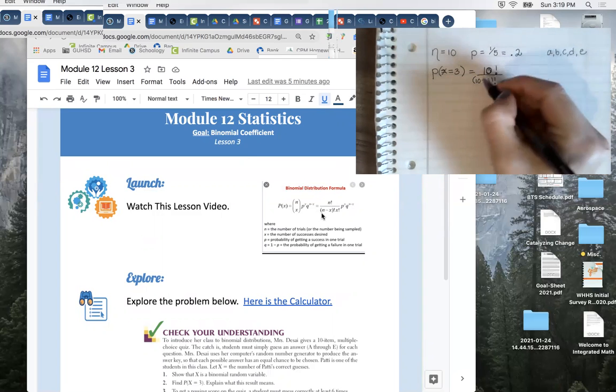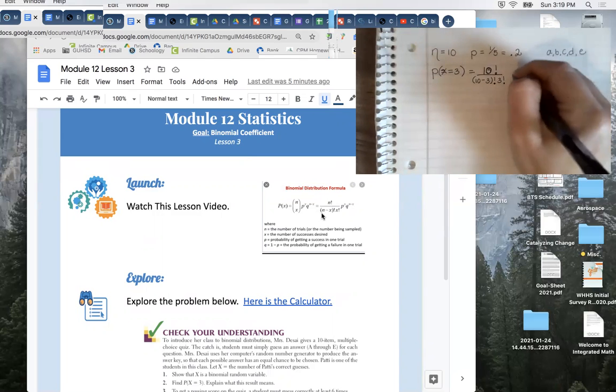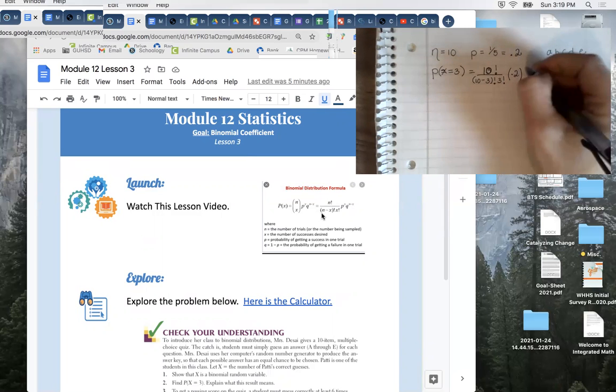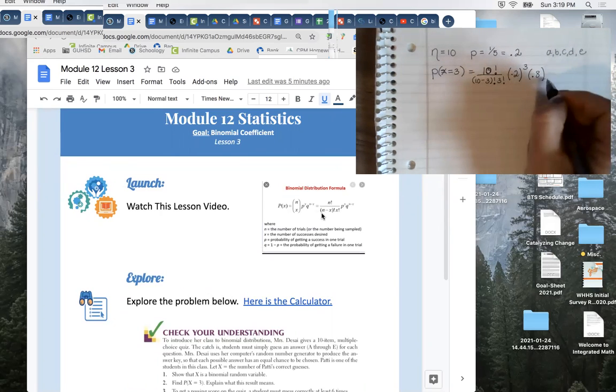So you can see this would end up being 7 factorial times 3 factorial. So there's a lot of factorials there. Then you do the probability of success, which is 20%, to the x power, well, we care about the third. Then we do 80%, the other probability, the probability that failed.